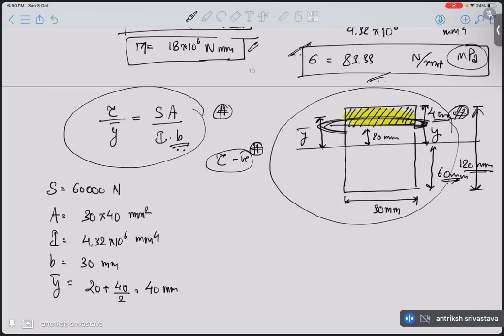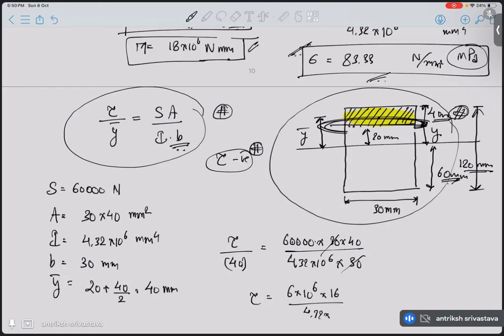Now let's put all these things into the formula. We have tau by y bar is equal to 60,000 into 30 into 40 divided by 4.32 into 10 power 6 into 30. So we can actually cancel 30 here. 6 into 10 power 6 into 16 divided by 4.32 into 10 power 6. This and this get cancelled.